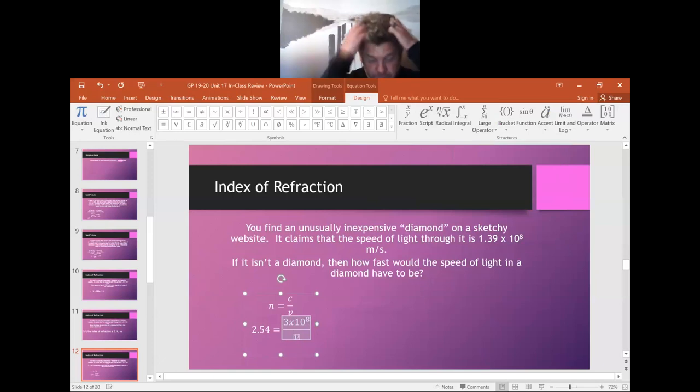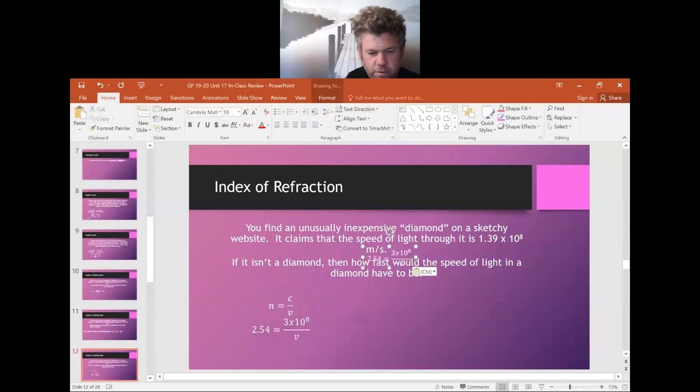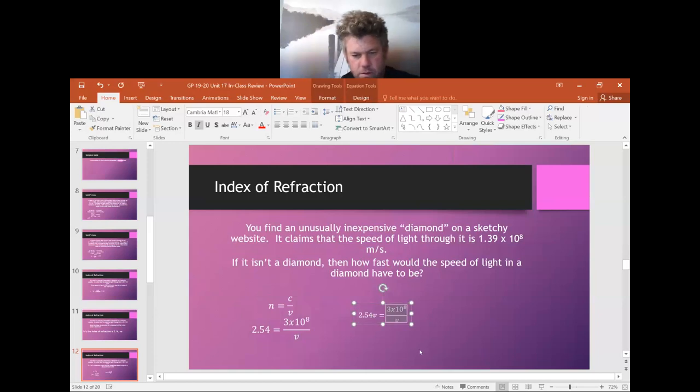So now I don't have v. Okay, so what I'm going to do is multiply both sides by v. So what ends up happening here is I get 2.54 v equals that, right?